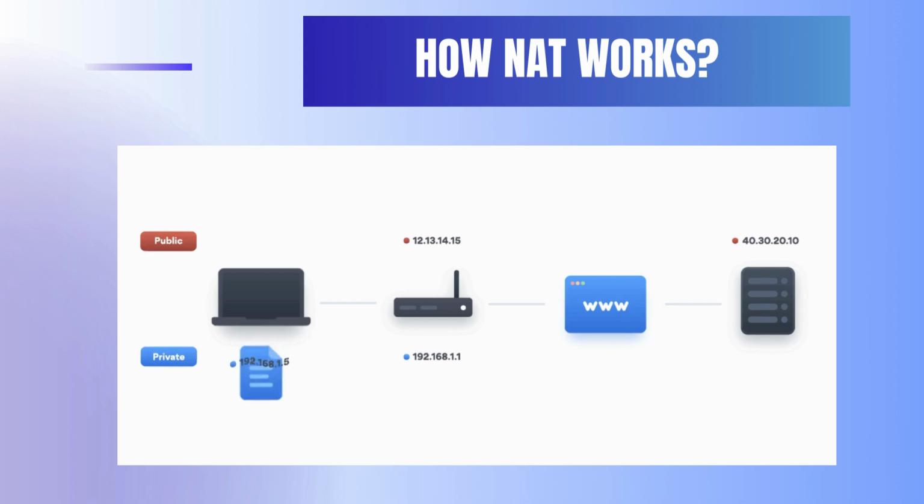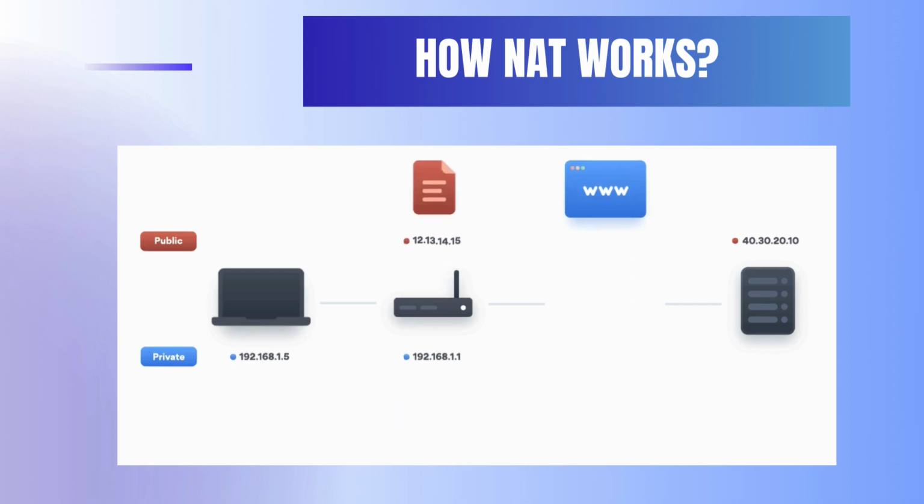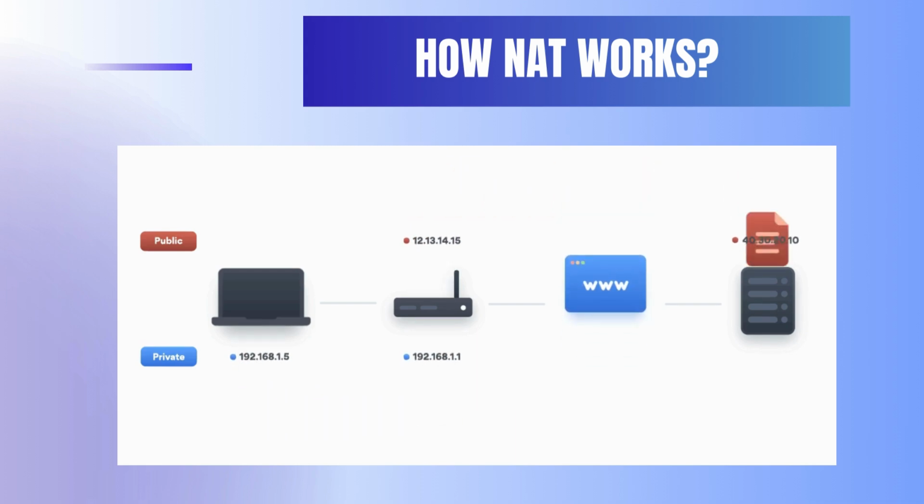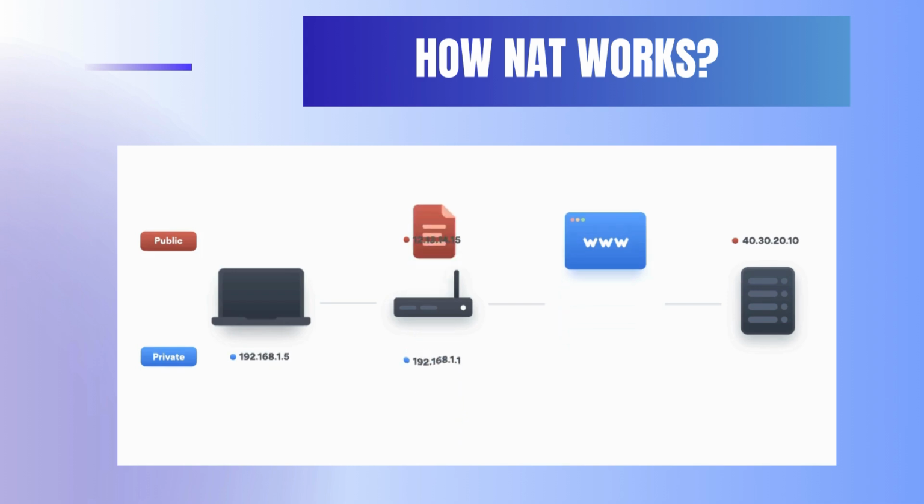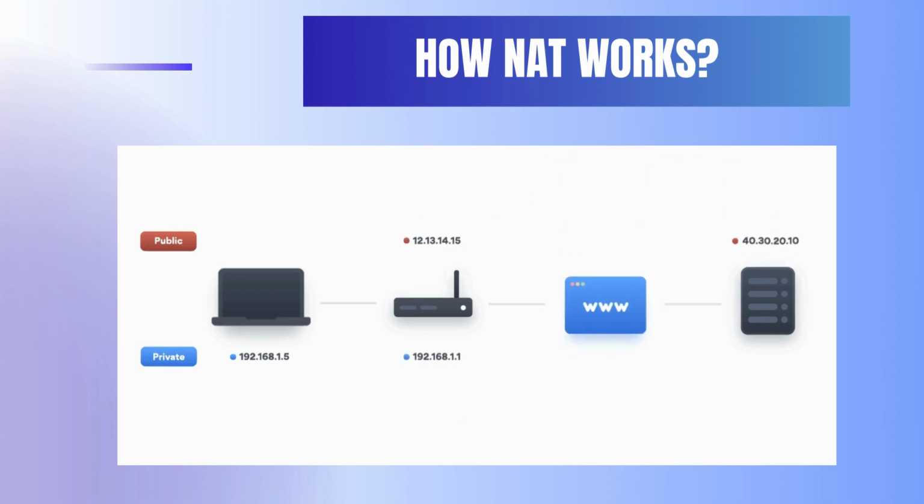The laptop in the private network has the IP address 192.168.1.5, and the router's internal interface has the IP 192.168.1.1, also within the private IP range. The router also has a public IP address, 12.13.14.15, assigned to its external interface, which connects to the internet.